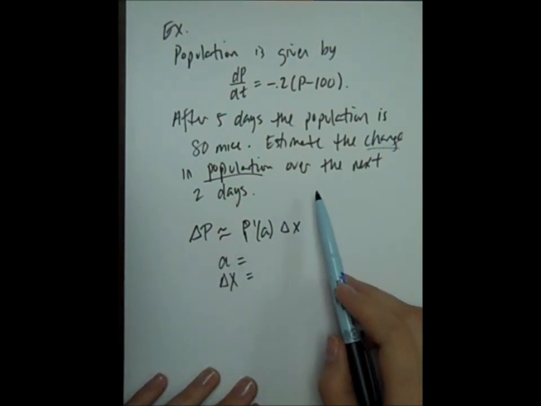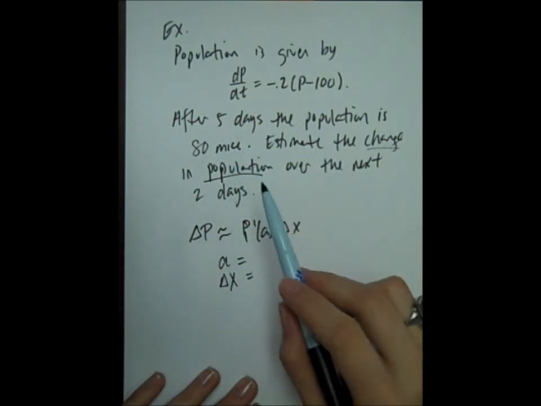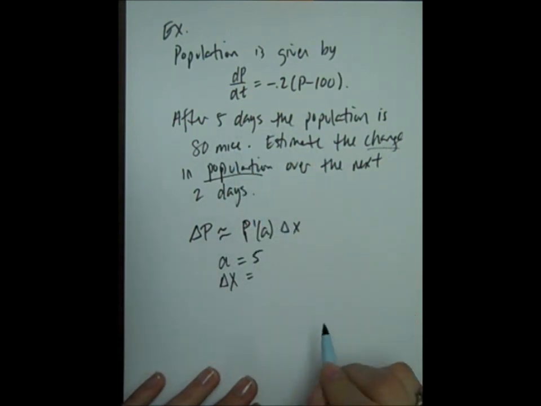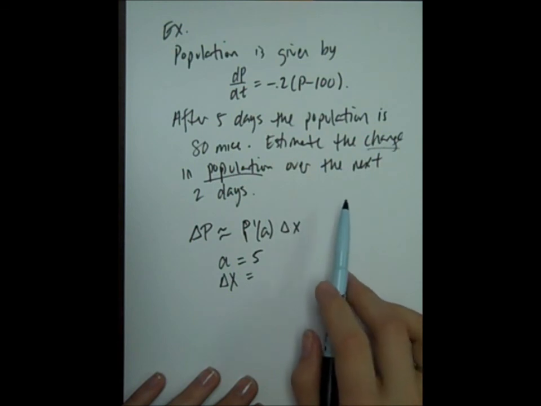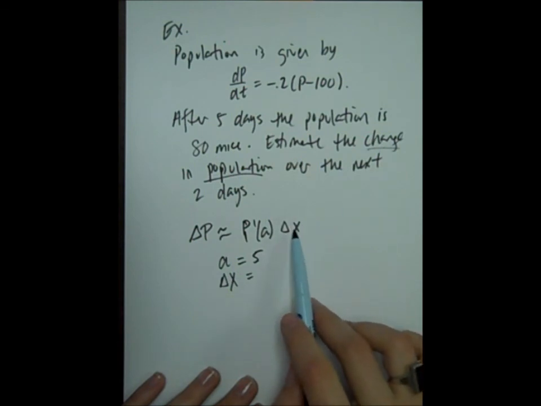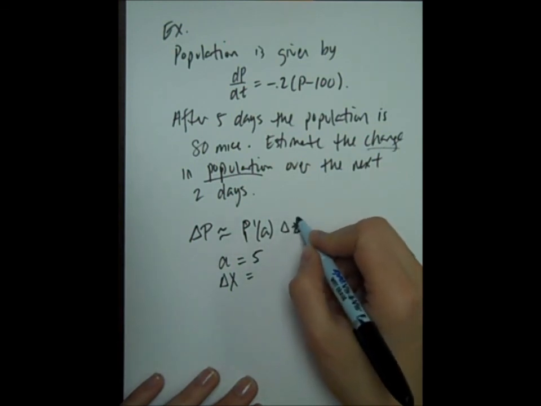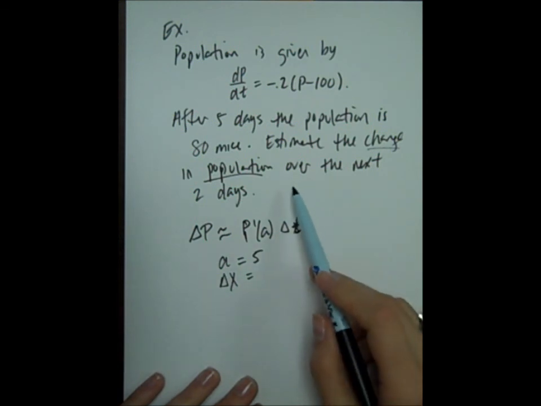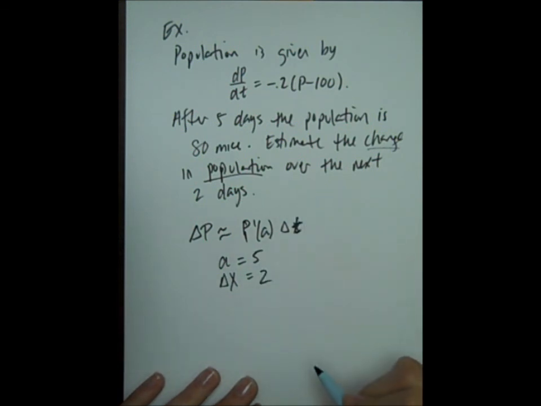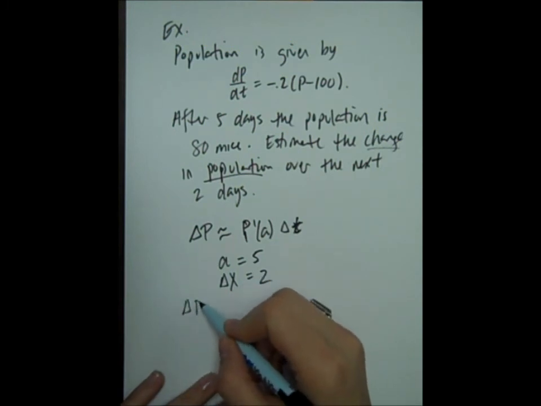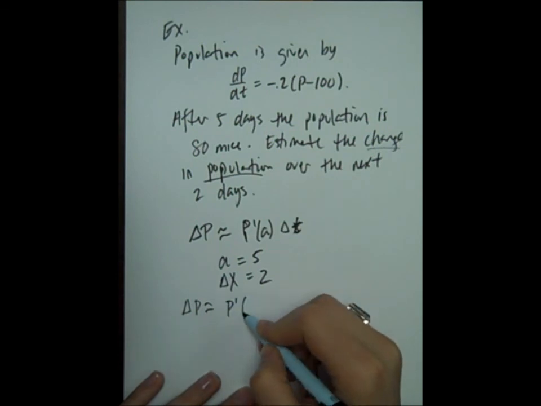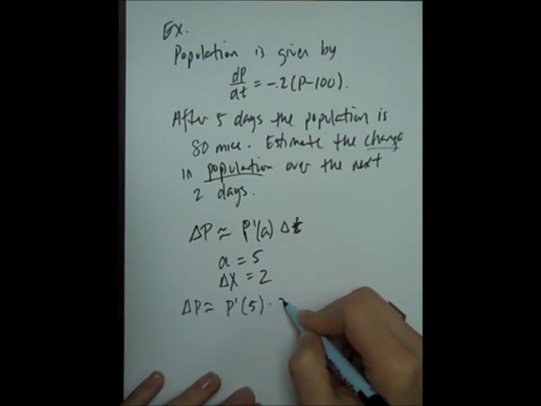Well, we're given the fact that the population is 80 after 5 days, so that's where we're going to start. And then the change in t here, or change in x, I should have written a t here because we're talking about time. We're talking about the next 2 days, so the change in time is 2. Now to do this, I need p prime of 5 times 2.